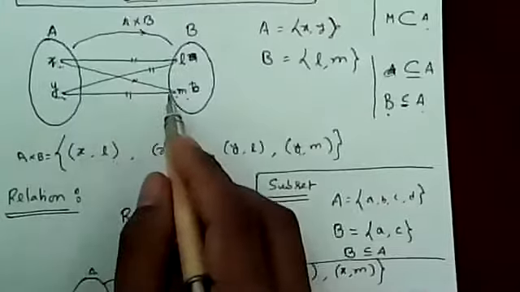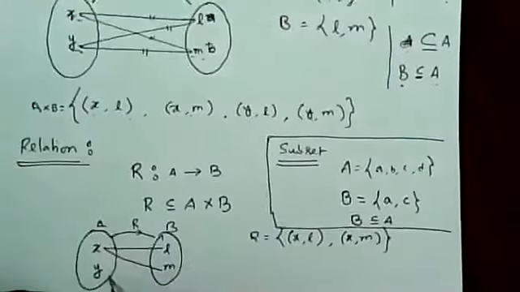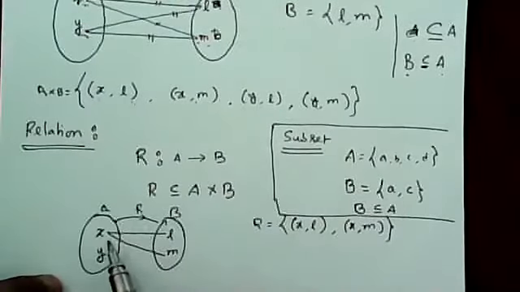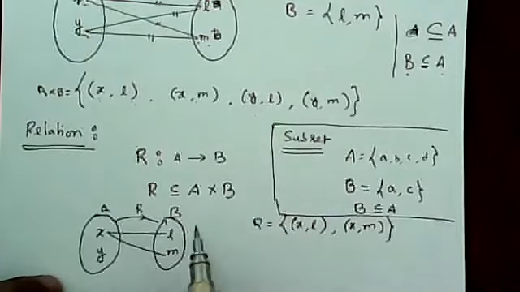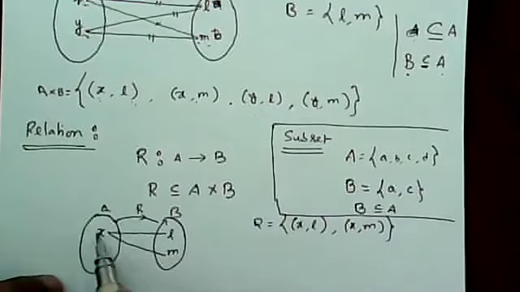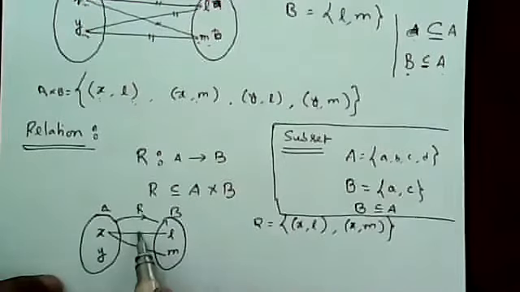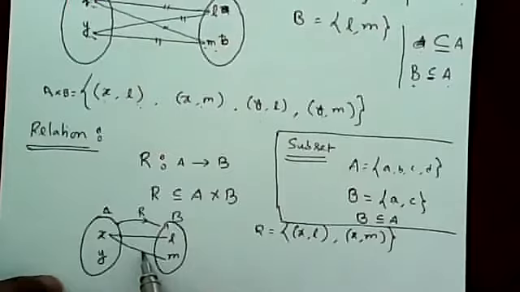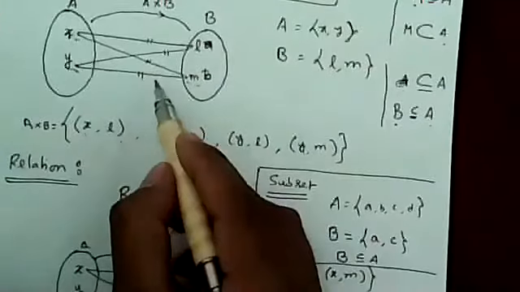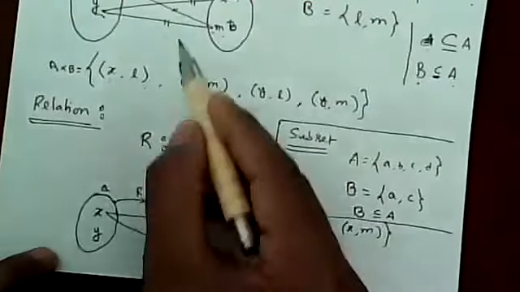Here I considered one case where only X can transfer that news to B. In that case, X can commute with L or X can commute with M. Obviously there are only two connections, while in the original set we have four connections. So this is a subset of that.